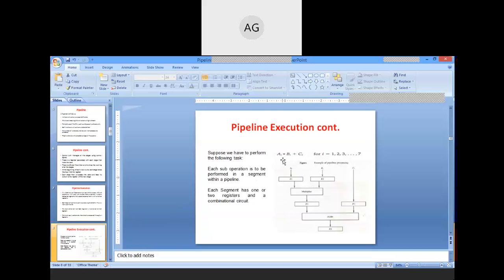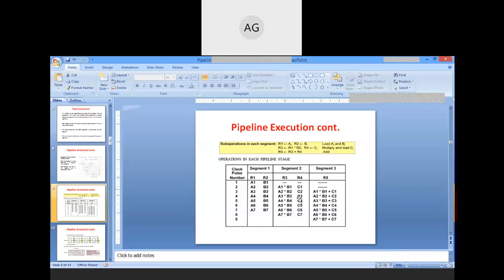How do we calculate Ai times Bi plus Ci in the pipeline execution? Here you can see there are many registers in between the combinational circuits, which are used for storing our data, and finally we get our result according to this diagram in the R5 register.